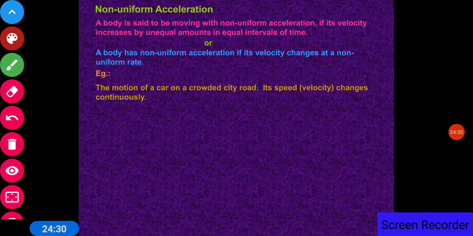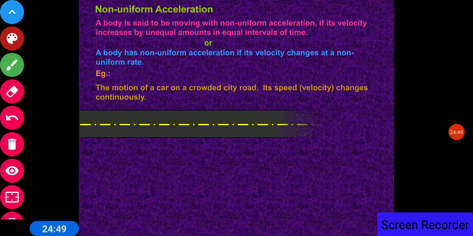Sometimes its speed increases, and at the next instant it has to decrease its speed. So in a crowded road, it cannot move with a constant speed. That is the example of non-uniform acceleration.